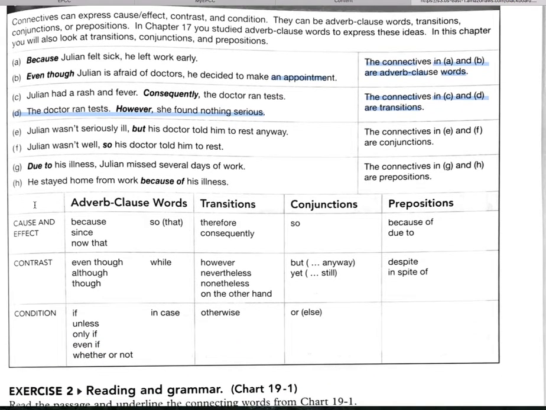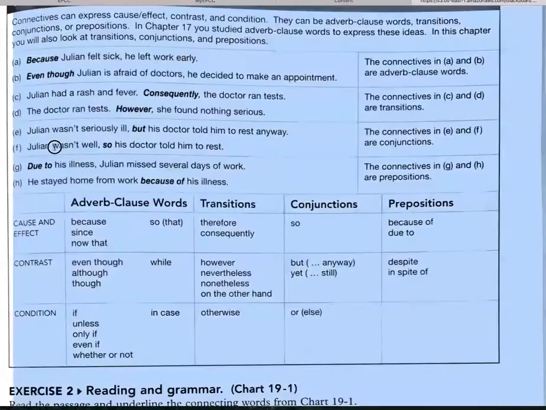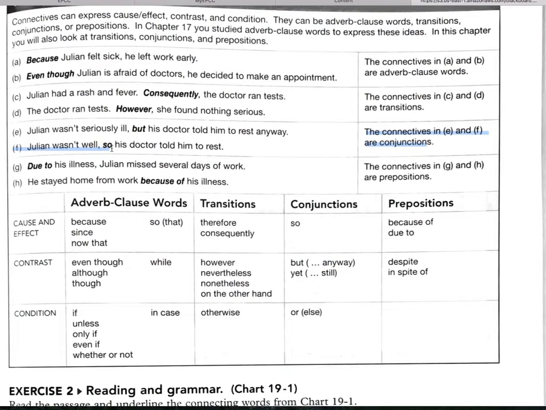In letter E, Julian wasn't seriously ill, but his doctor told him to rest anyway. And letter F, Julian wasn't well, so his doctor told him to rest. The connectives in E and F are used as conjunctions. Okay? But shows us contrast.